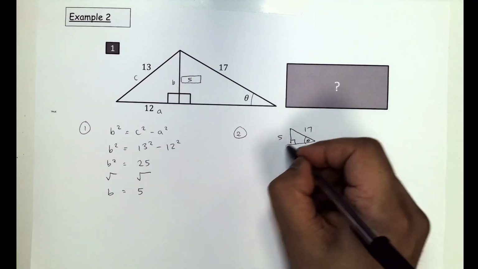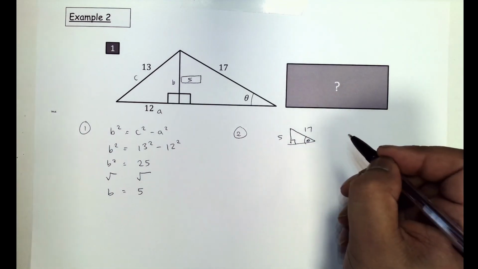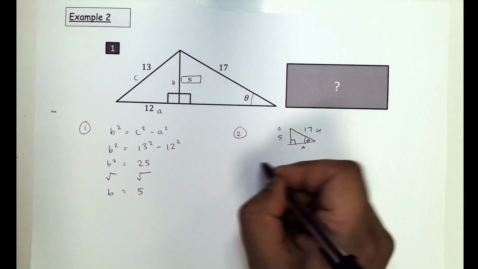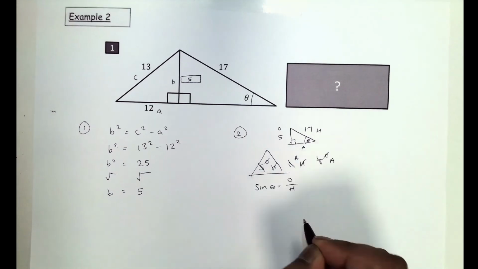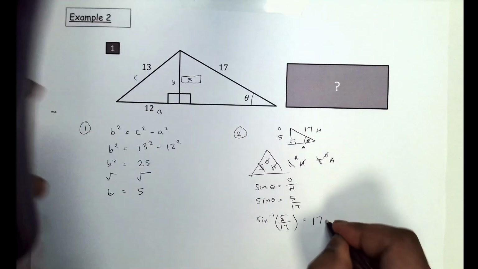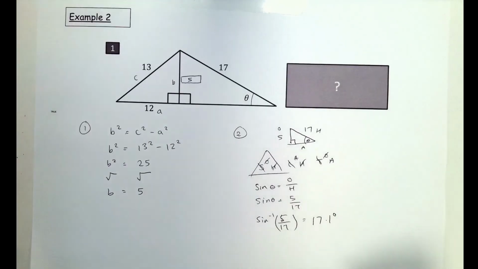It's a right angle triangle and I'm finding a missing angle, so straight away I know that will be trigonometry. That's opposite, that's hypotenuse, that's adjacent. That gives me 17.1 degrees. I'll leave it to one decimal place, and there we go.